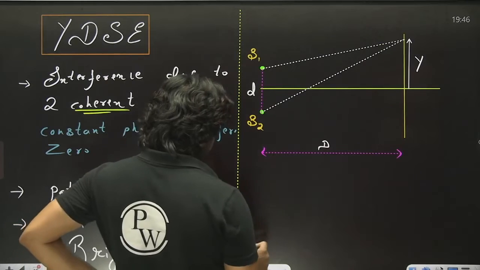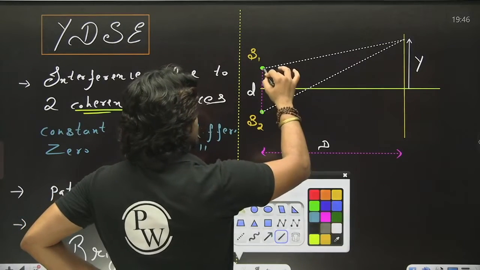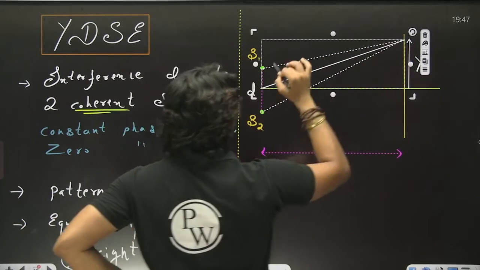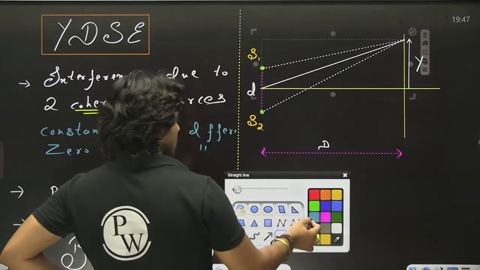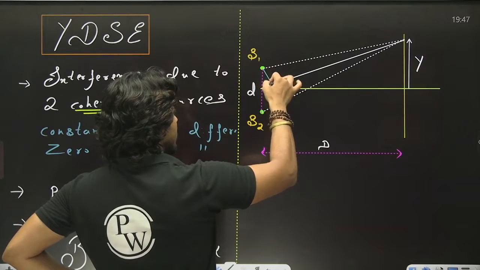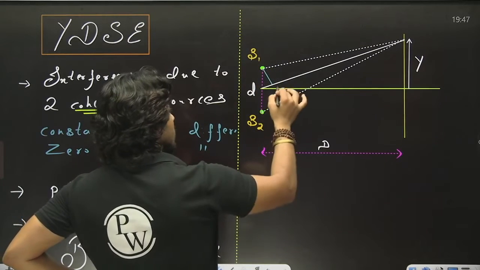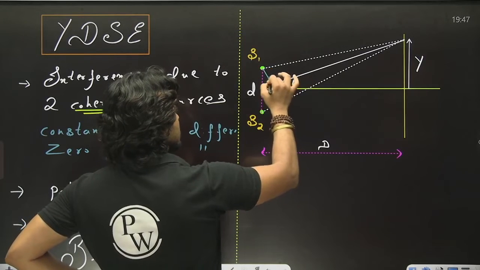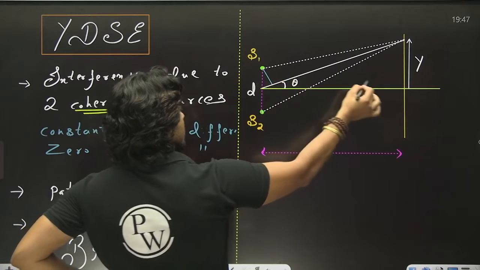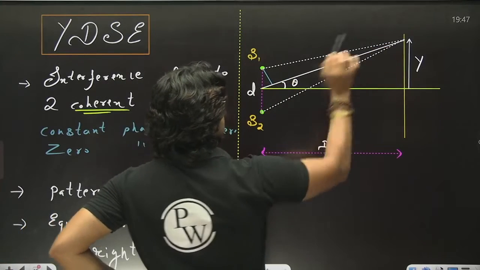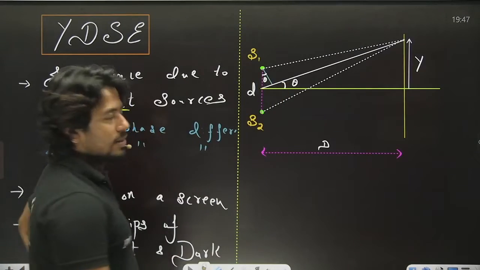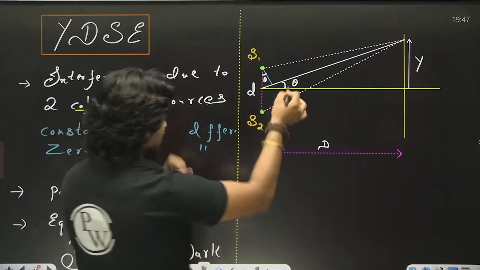Now let's join this line from the center to this point and drop a perpendicular like this. Let's say this angle is theta, and theta is small. This angle is 90 minus theta, or almost equal to theta.